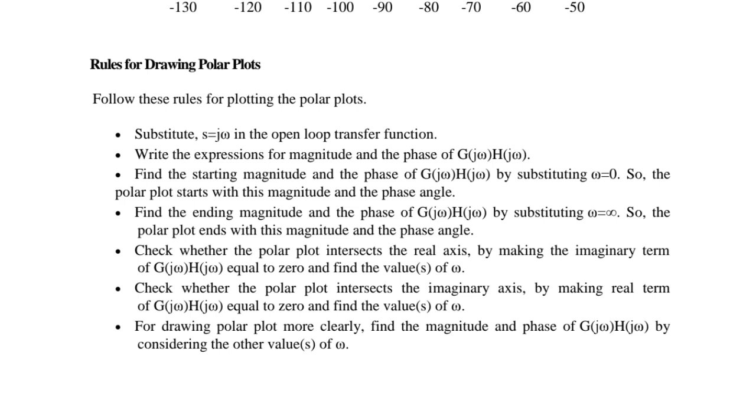Next, check whether the polar plot intersects the imaginary axis by making the real term of G(jω)H(jω) equal to 0 and finding the values of ω. Next, for drawing the polar plot more clearly, find the magnitude and phase of G(jω)H(jω) by considering other values of ω. These are the very important rules of plotting polar plots. We have to follow these procedures.